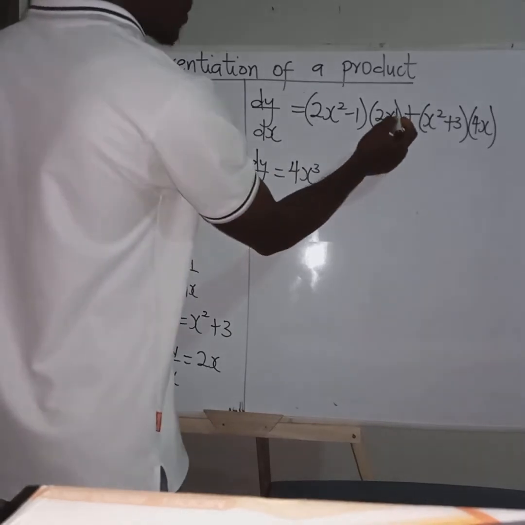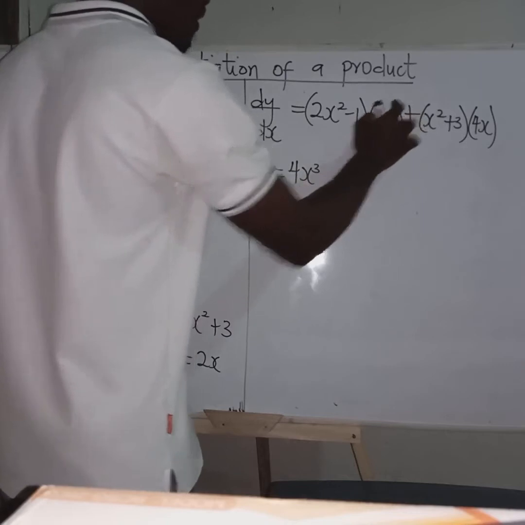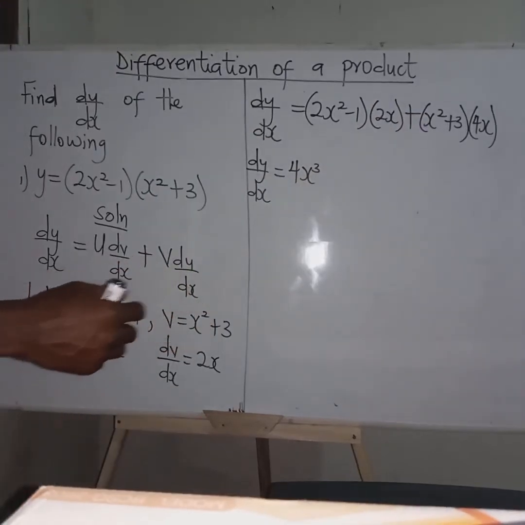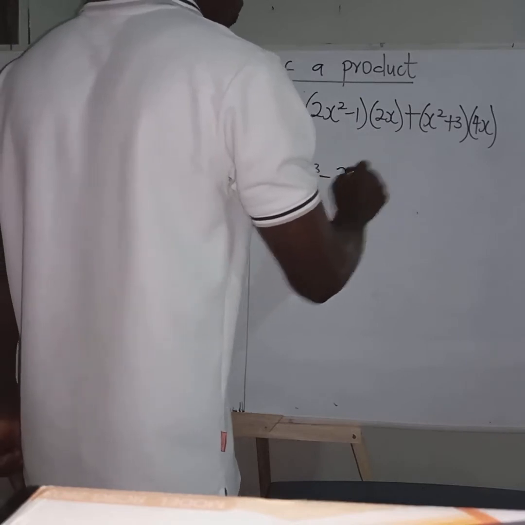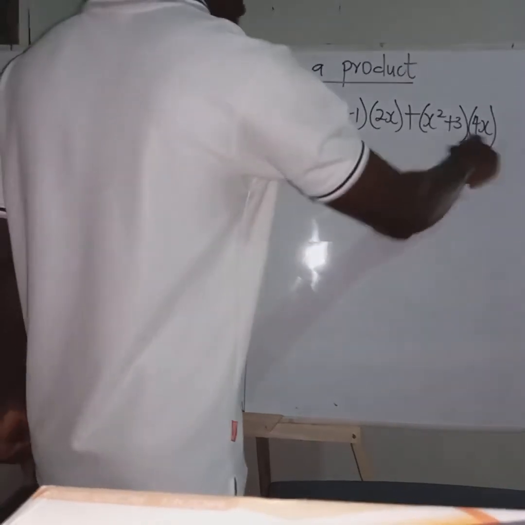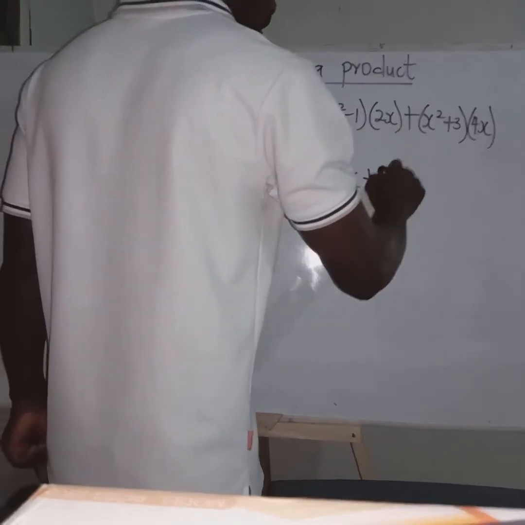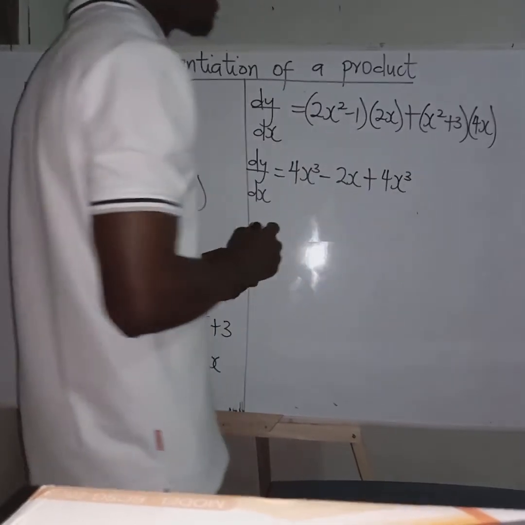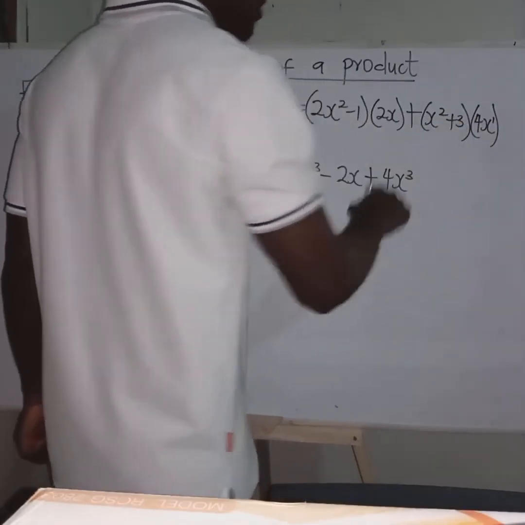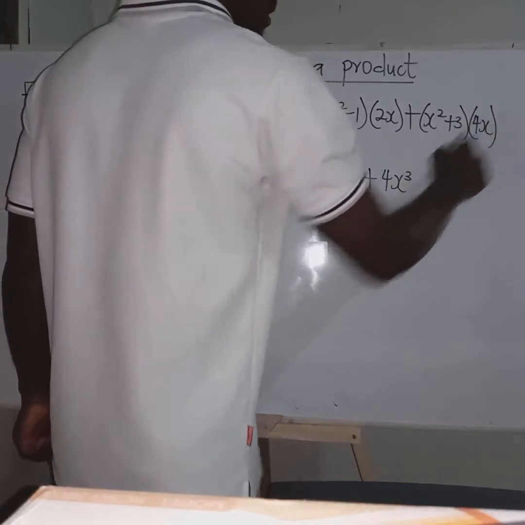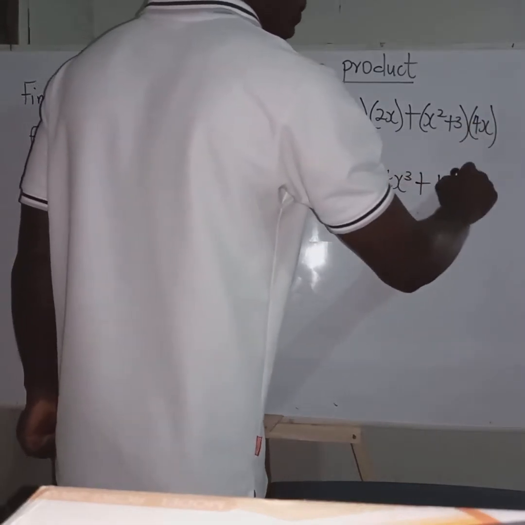So the power here is 1 and the power here is 2. 2 plus 1 is 3. 2x times minus 1 is minus 2x. 4x times x squared will give me 4x cubed, because there's a power of 1 here, and the 1 plus the exponent 2 gives exponent 3. Plus 4x times 3 is 12x.